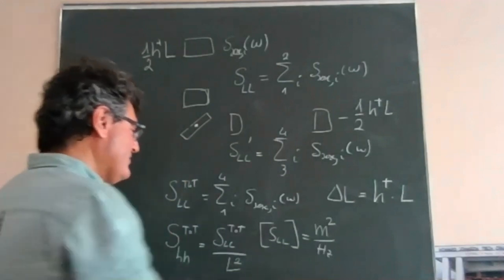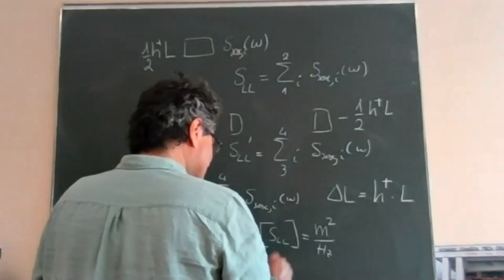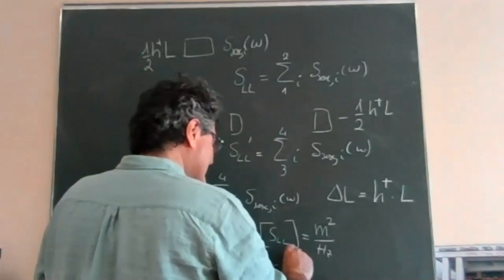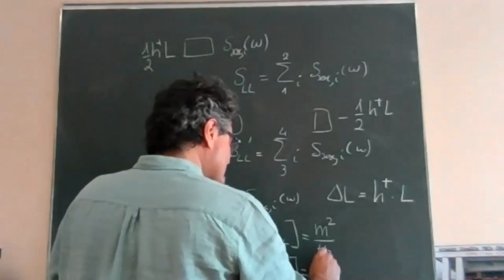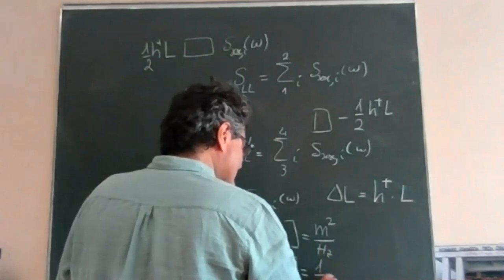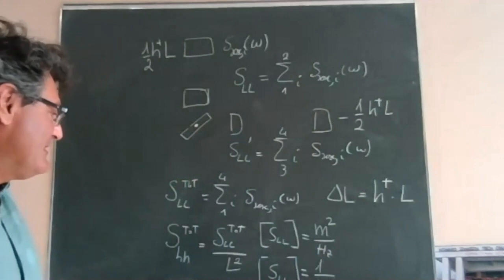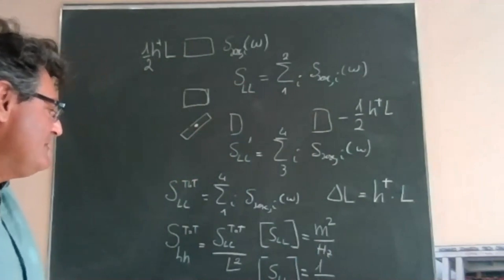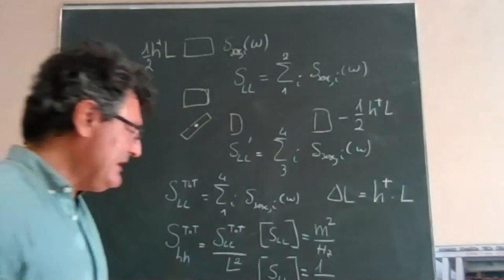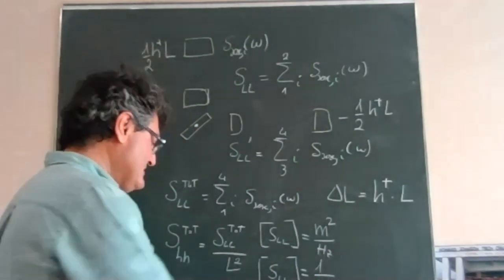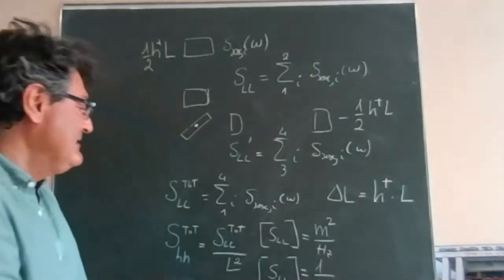Therefore, the spectral density on h is just one over hertz, because the dimensional unit of h is zero, it is a strain of the space.